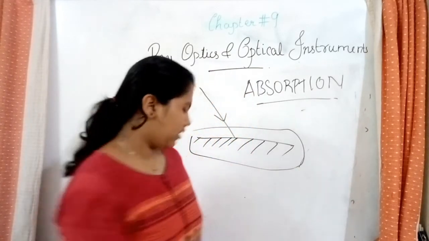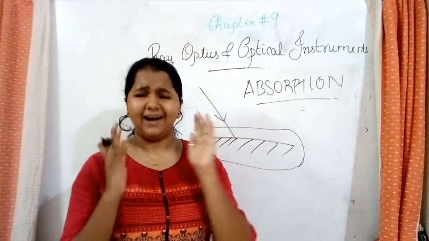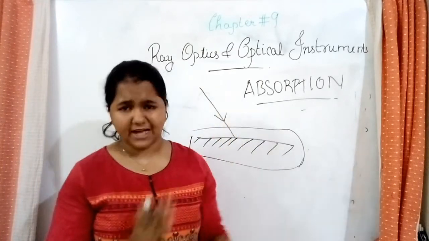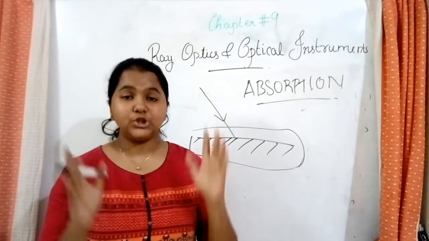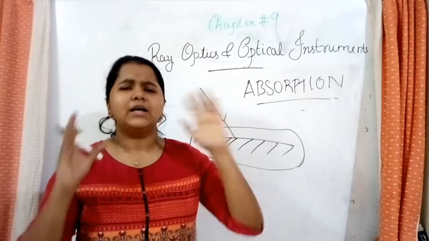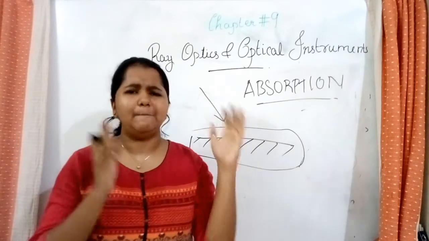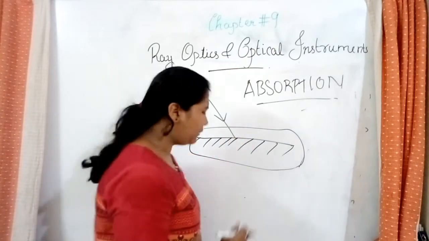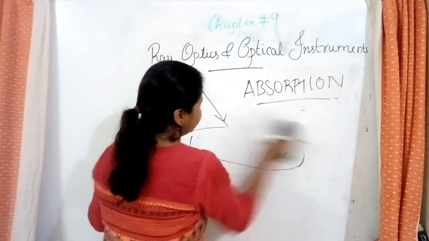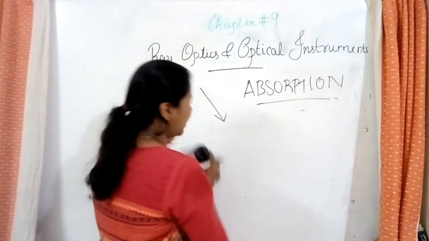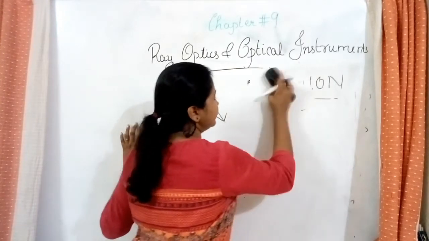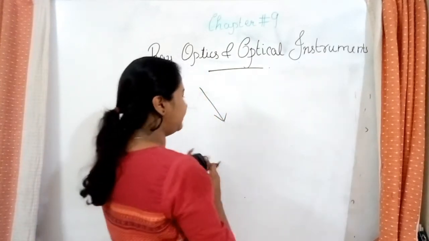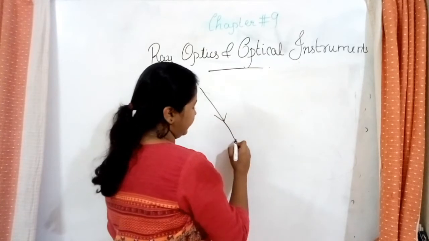Okay? So, as told, this absorption, this reflection and refraction, actually in real life, complete reflection or complete refraction or complete absorption does not take place. Always what happens, let's draw the diagram, is a mix or a combination of all these three.